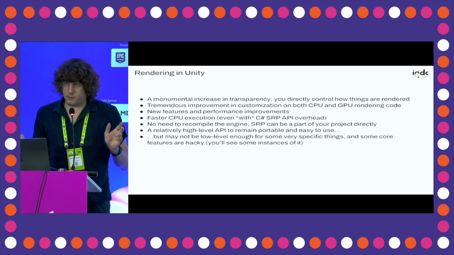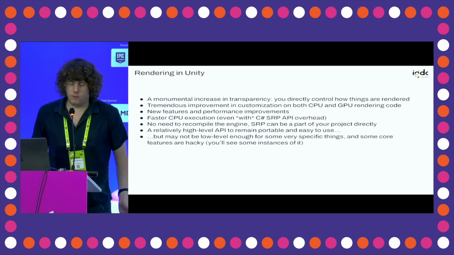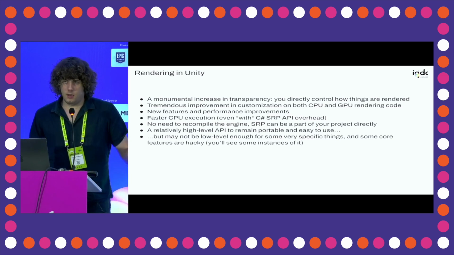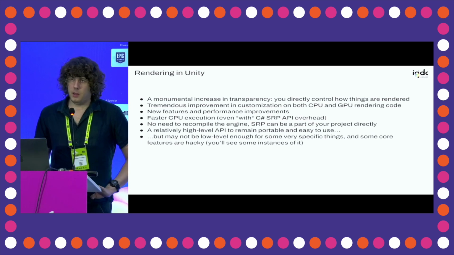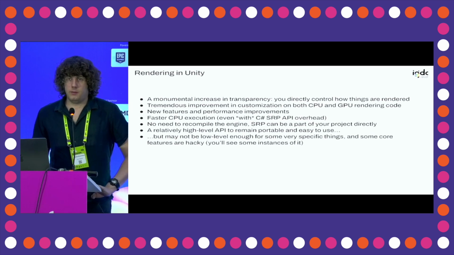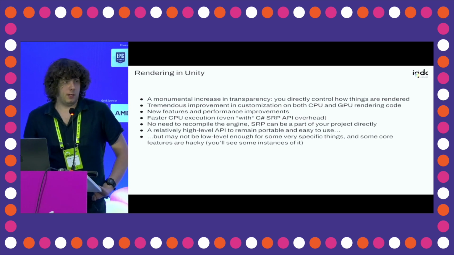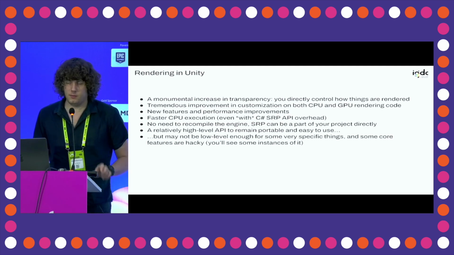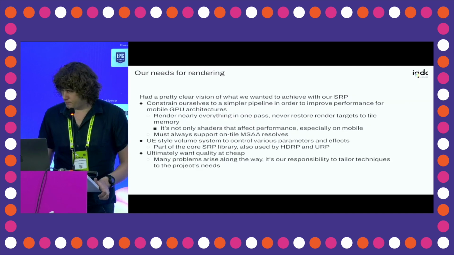This is still a pretty high-level API. You're not working with Metal or Vulkan or OpenGLES directly. You're just working through the high-level abstractions. And this is portable enough and pretty comfortable to work with, but at the same time, it's sometimes not low-level enough for some very nuanced features, and we can get to that later. You'll see some instances of it.